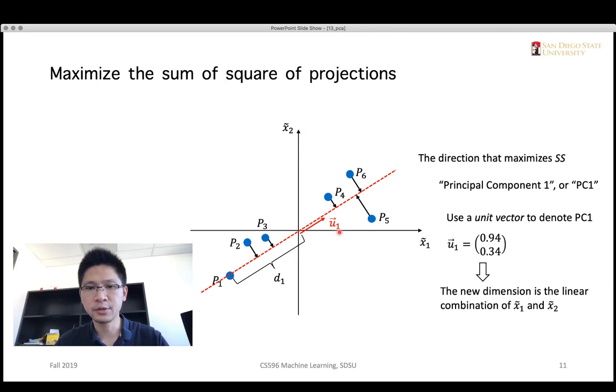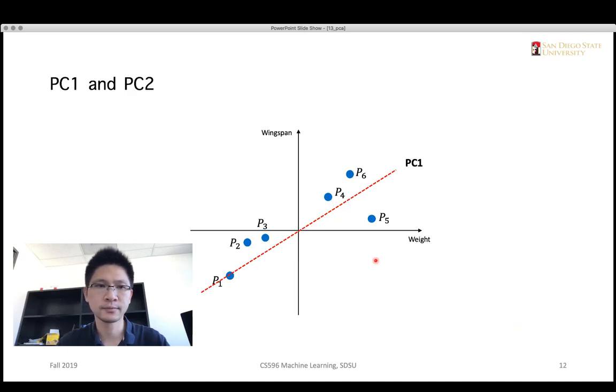We are representing U1 with x1 tilde and x2 tilde. So actually U1 can be written in this way: it's 0.94 times x1 tilde plus 0.34 times x2 tilde. So given the first principal component, PC1, we can easily find the second principal component, PC2.